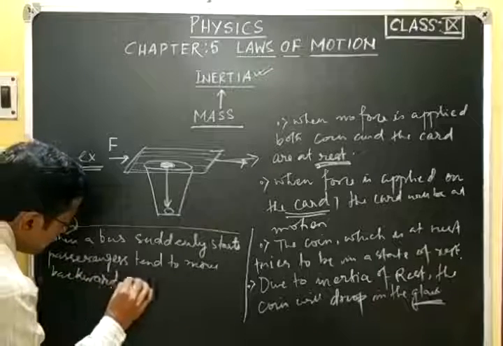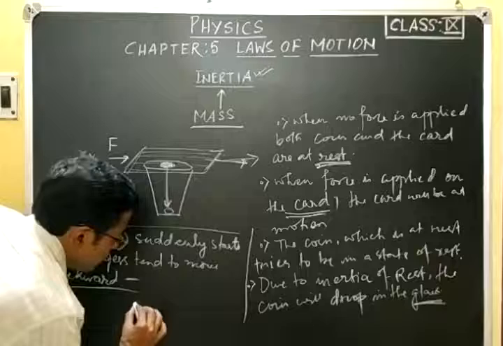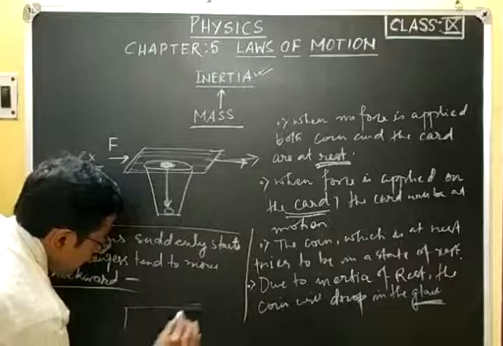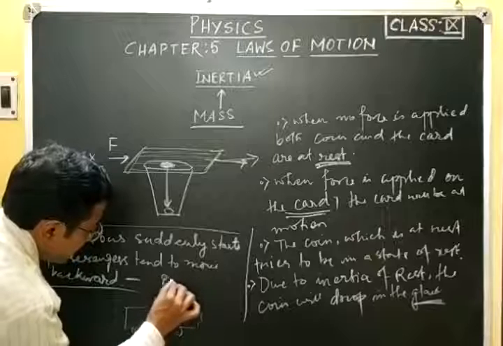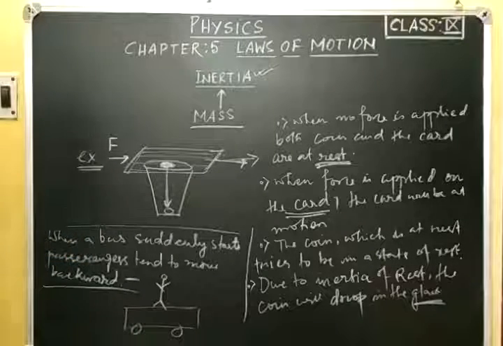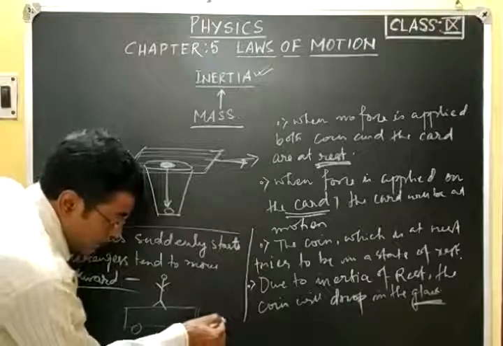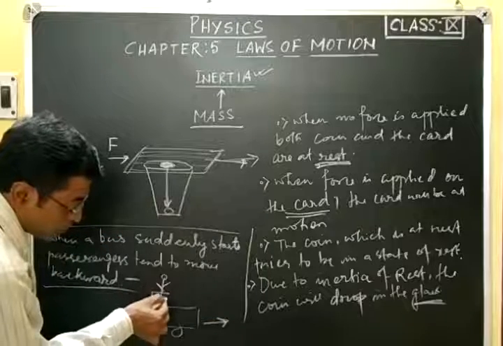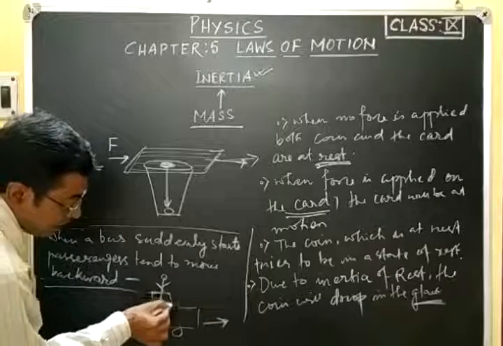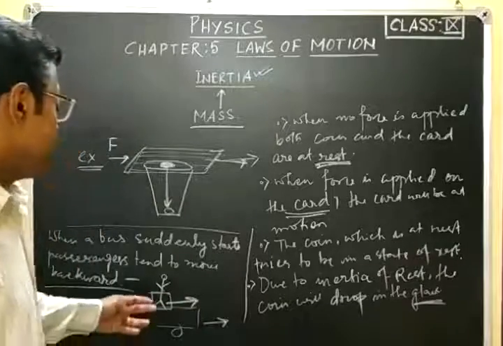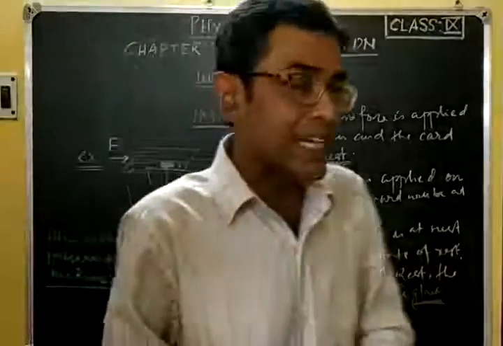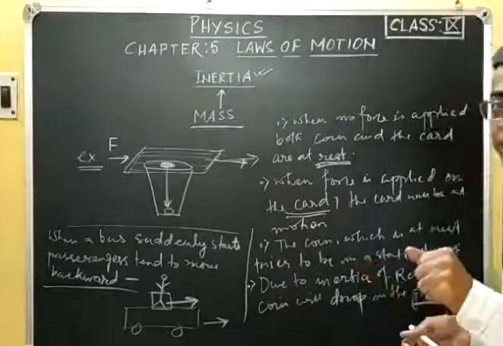How does it happen? See here, I am assuming this is a bus and one person is standing on that bus. When the bus starts moving, suddenly the lower part of the body of that passenger starts moving. Why? Because the lower part, that is the legs, are adjacent to the bus.